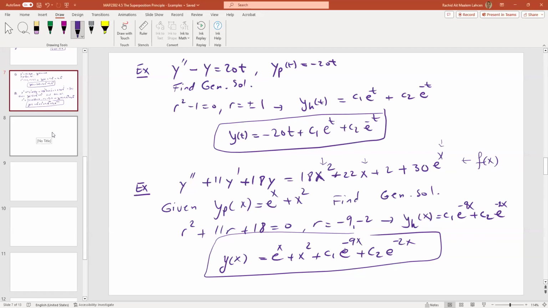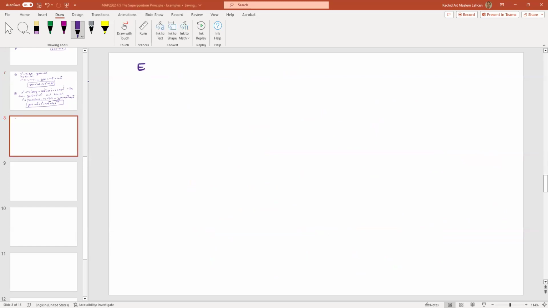Okay, I picked a nice example for you here before we keep going and solve different examples. Let's give you an interesting question. Can this method be used here?